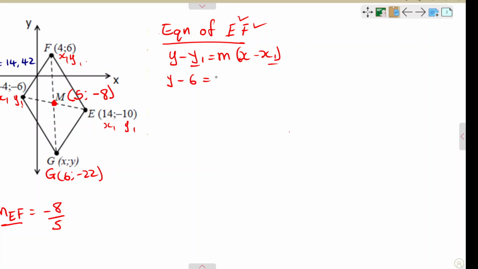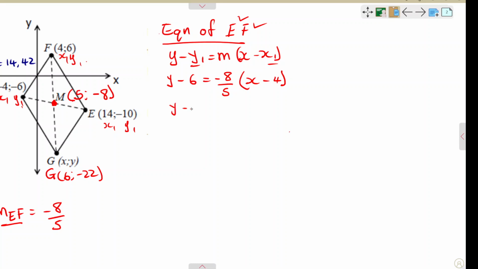Gradient is negative 8 over 5. Then I'm going to say bracket multiplied by x minus, what is x1? It's going to be 4, because I'm looking at the coordinates of F, which is 4 and 6.